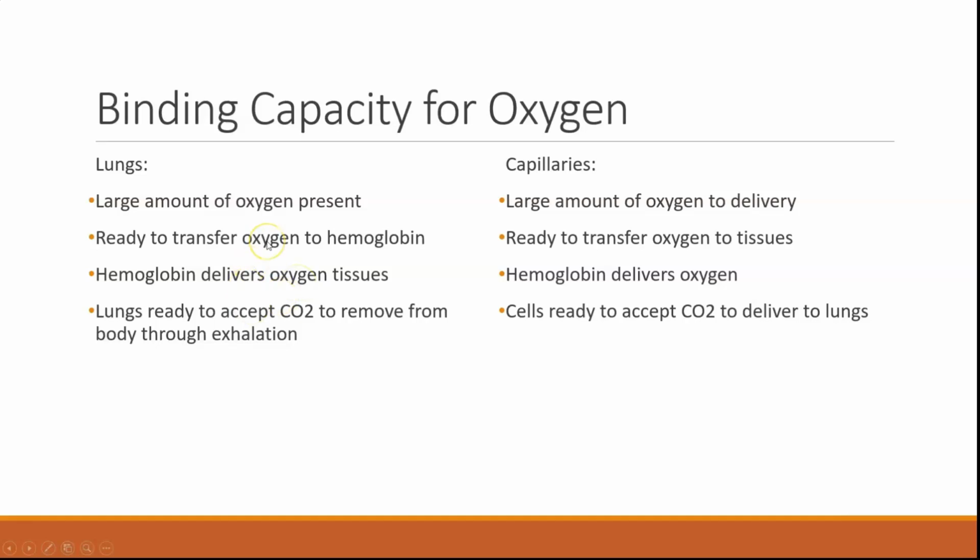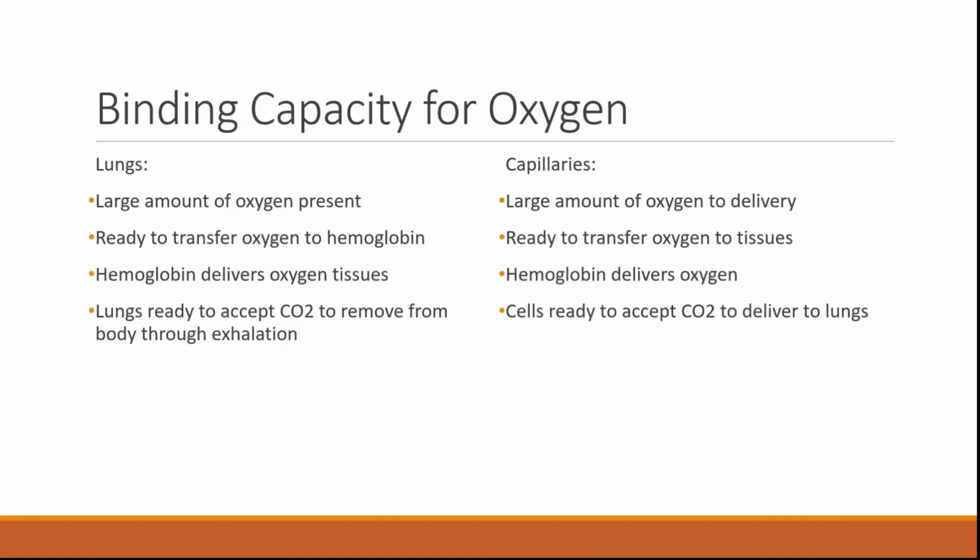All right, so now let's talk about the binding capacity for oxygen. In the lungs, as you can imagine, we take in a large amount of oxygen, and once that oxygen is taken in, it's then transported throughout the bloodstream, and then eventually delivered to the tissues throughout the body.